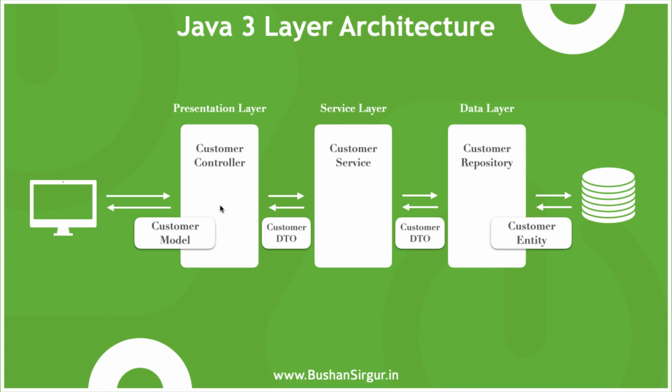The service layer accepts the information from the presentation layer in the form of DTOs, and these are the objects that travel back and forth from the presentation layer to the service layer, and from the service layer to the data layer, and vice versa. So the service layer sometimes communicates with the data layer for further processing, for saving the data or reading the data, or even for database operations.